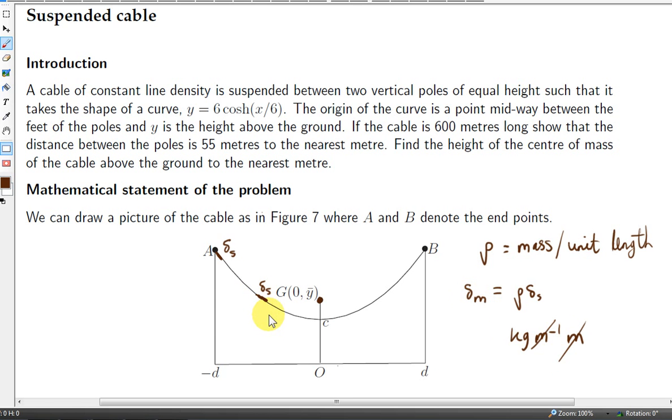Okay, we have to get the moment of each mass element about the x-axis, so we want to multiply it by this distance. Well, that's just the y value of the coordinates of each element. So we will be letting delta s go to 0, so the mass element will become a point whose height is y units above the x-axis. So the moment of each element will be its mass delta m times y, which is rho delta s by y, or rho y delta s.